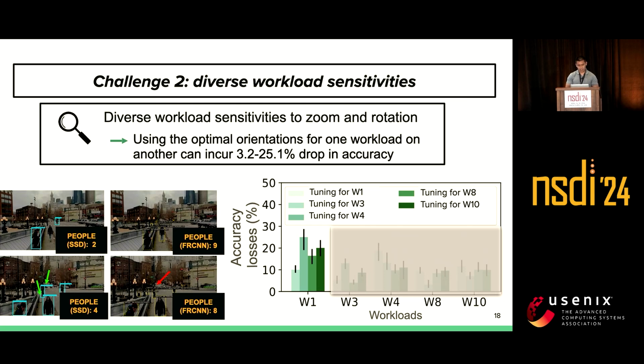So in this graph here, we took workload W1, and we evaluated it using the optimal orientations for workloads W3, W4, W8, W10. And as you can see, by using these orientations with W1, we expect to see pretty significant losses in accuracy. And we see that these similar trends hold for the other workloads as well.